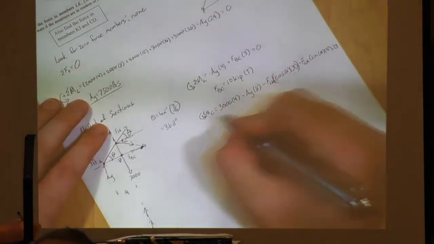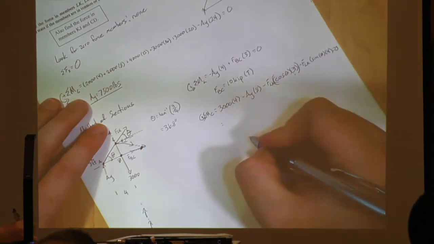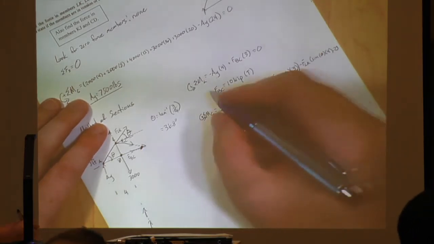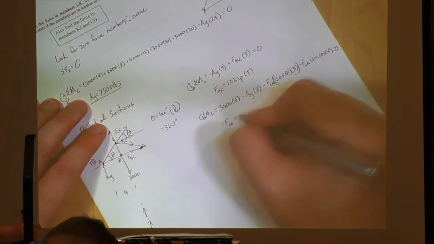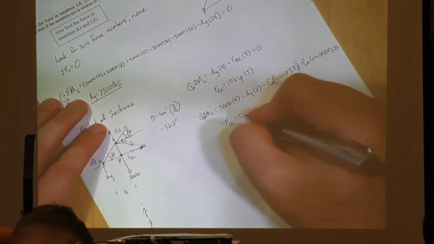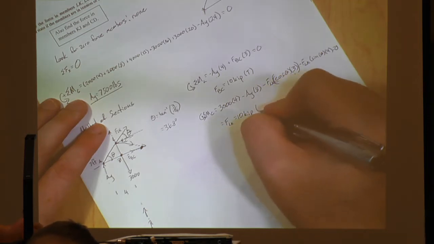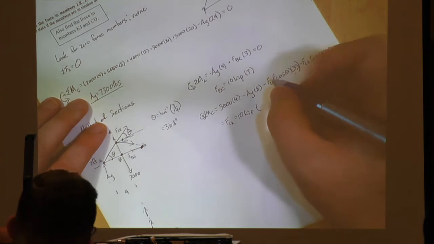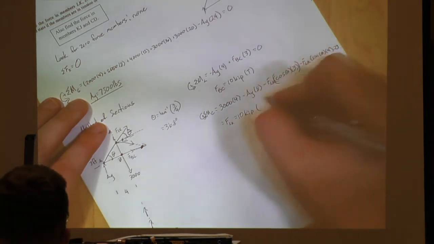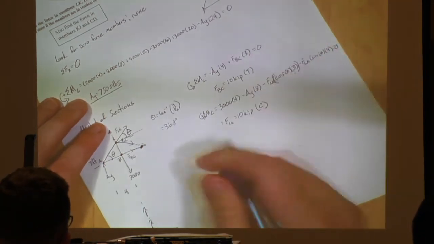All right. And then FLK is going to equal 10 kip as well. Tension or compression? Huh? Tension? It's compression. So we get a negative.